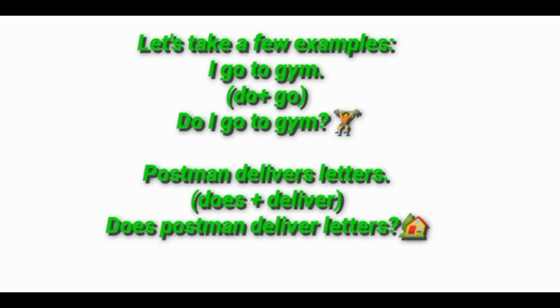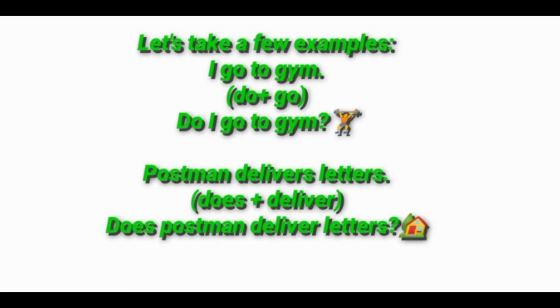That means whatever the subject is, if we are using do, does and did, then we have to write the root form of the verb. Like here, go is the verb and we have to use do to make the question. So when we use do to frame questions, the main verb will be go. So we will use do plus go. Then our question is, do I go to gym? And don't forget to put a question mark at the end of the sentence.